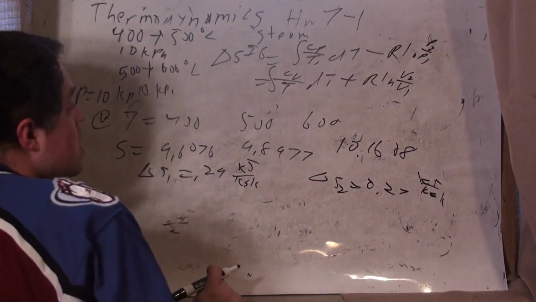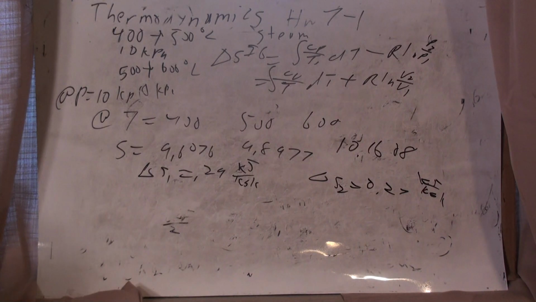Which one I use depends upon what I have. Now in this case, do I have volumes or do I have pressures? That's right, I have pressure, so I'm going to use the top one.